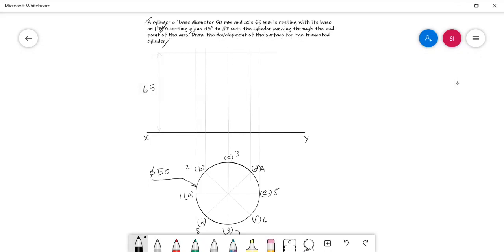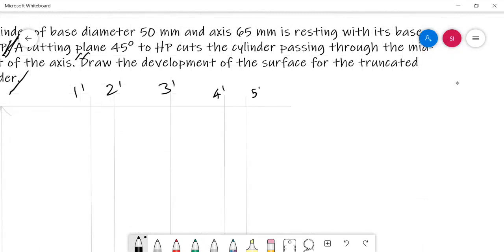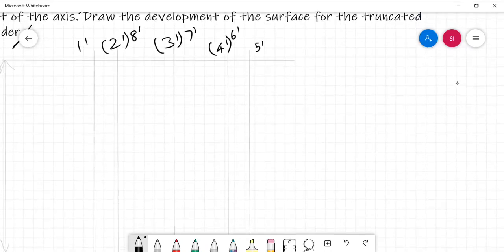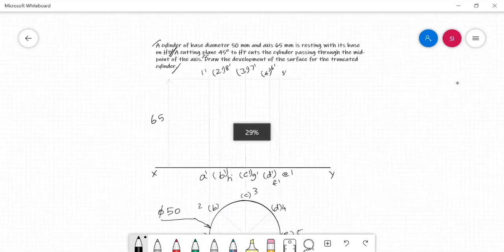And let me mark the points in the base and face. And now the solid is ready to cut with the cutting plane.